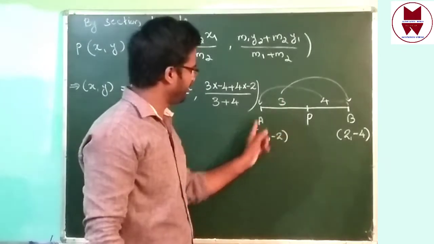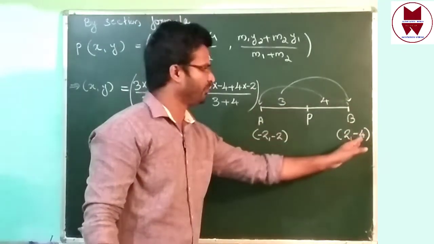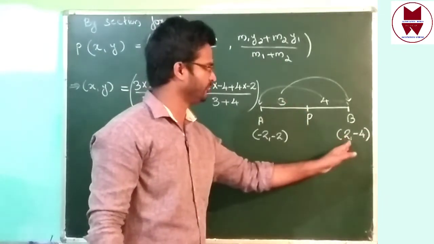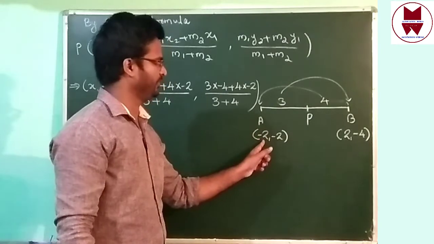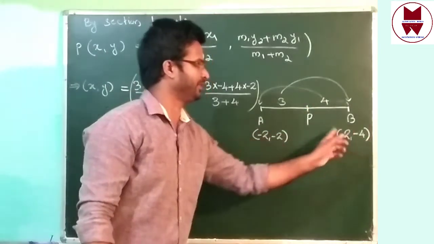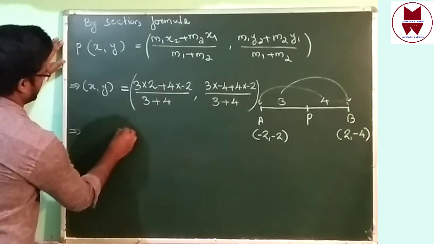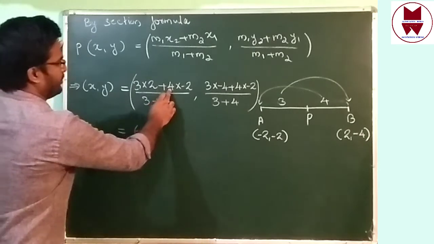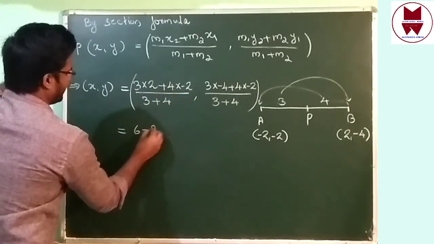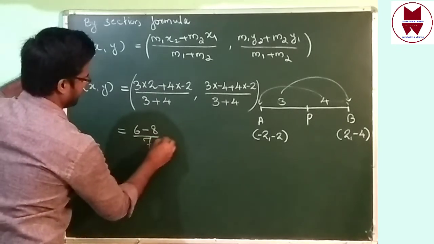Don't multiply this 3 with these nearby terms. Always multiply the opposite side. 3 means just the opposite side. 3 into 2. Look, 3 into 2. Then this 4 into this number. Don't multiply 4 with this nearby number. 3 into 2, 6, then 4 into minus 2, minus 8, divided by 3 plus 4, 7.